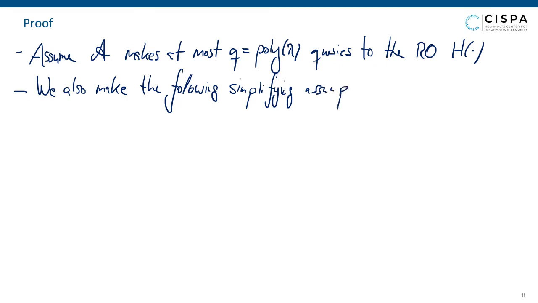These are just assumptions on the behavior of A. So these assumptions are really without loss of generality, but they will allow us to write down our reduction a little bit more compactly than if we were to just allow a general A. So the first simplification is that A sends each random oracle query only once.